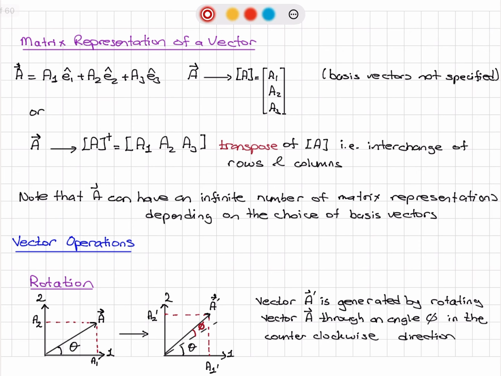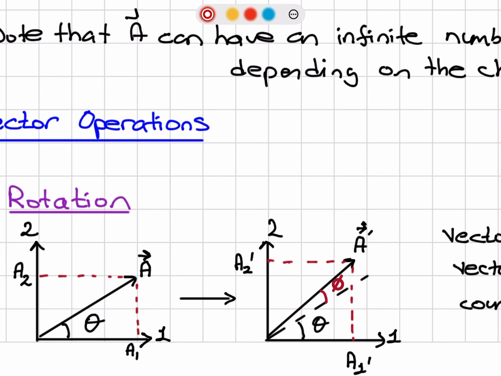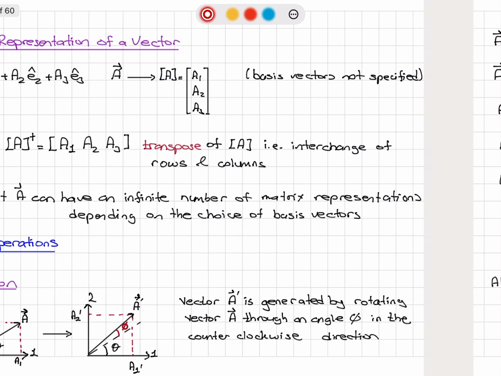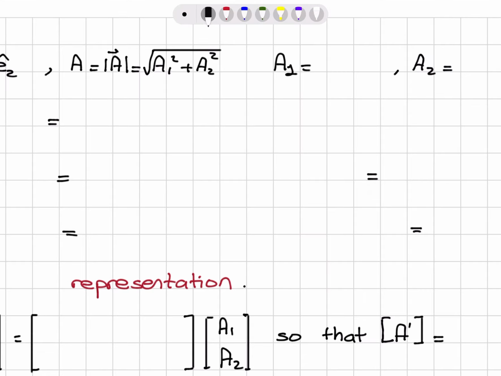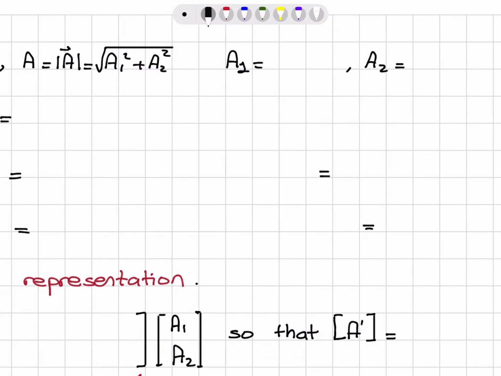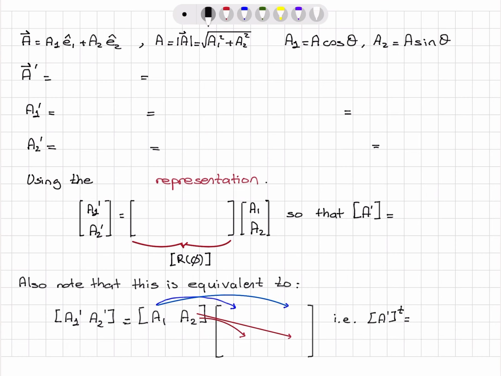You can see this is a right triangle. This is A1, this is A2. So A1 squared plus A2 squared is equal to A squared. So that's how we find its magnitude. And A1 is the projection onto the first axis, which is the magnitude A multiplied by cosine theta. And A2 is the magnitude A multiplied by sine theta. So that's how I find the projections.